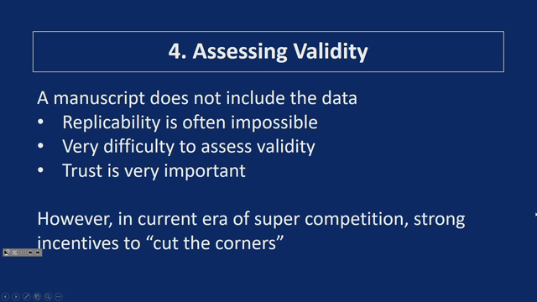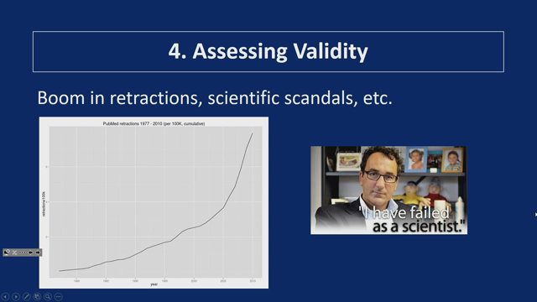It's sometimes very difficult to assess the validity of a knowledge claim. So trust typically has played a very important role. But again, in an era of super competition there are strong incentives to cut corners. And we have observed an increase, for example, in retractions and very important scientific scandals.